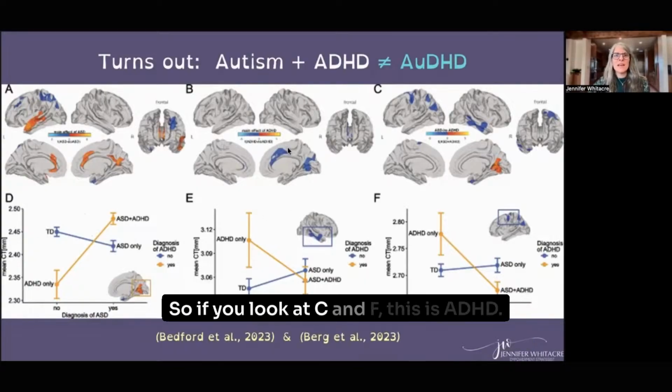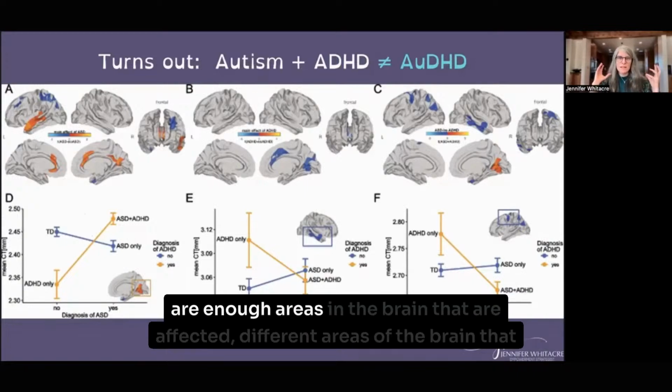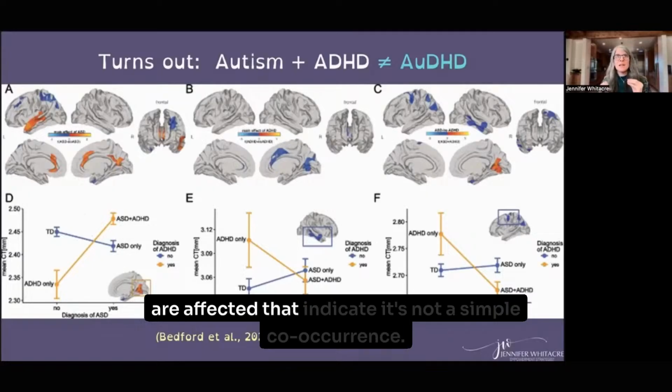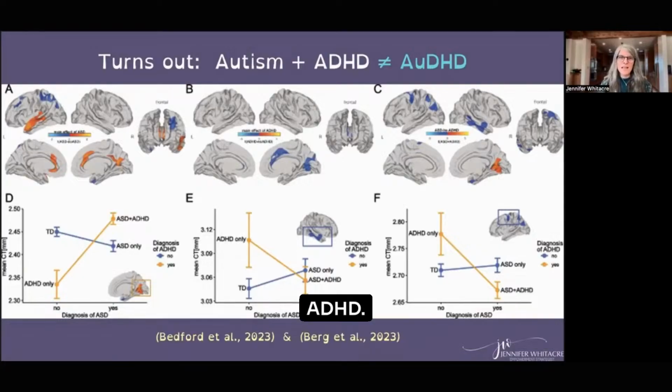So if you look at C and F, this is AuDHD. So these studies are indicating that AuDHD is its own condition altogether because there are enough different areas of the brain that are affected that indicate it's not a simple co-occurrence. And these studies also found that sex modulates the neuroanatomy of autism, but not ADHD.